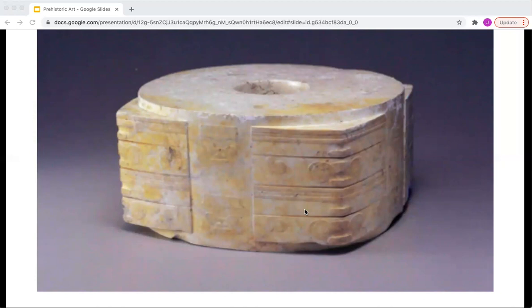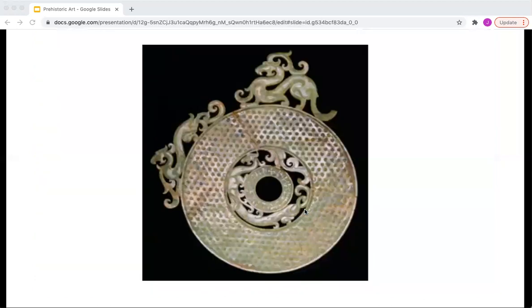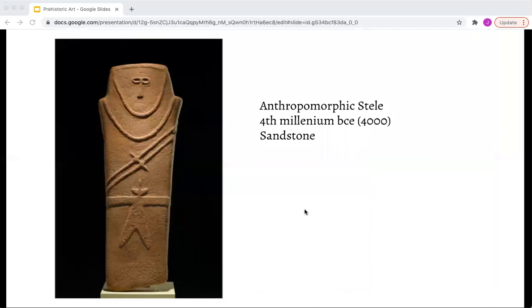Moving from the Liangzhu, China, we are going to look at our last piece for today. This is the Anthropomorphic Stele from the 4th millennium BCE, so around 4000 BCE. And this is made of sandstone.